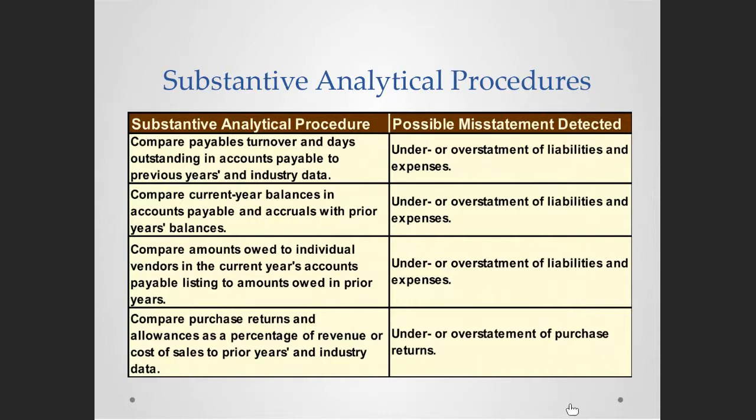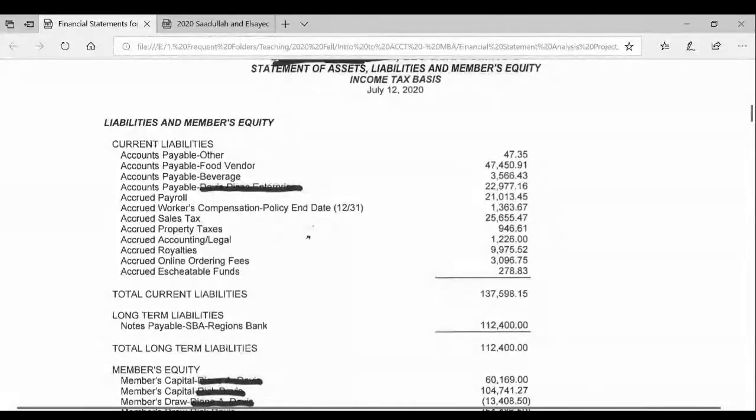So for example, if you're looking at accounts payable in the same company, right? Let's go to the financial statement. If you go there, you see the accounts payable, right? You see that, Sharat? These numbers, right? Accounts payable food vendor, accounts payable beverage.